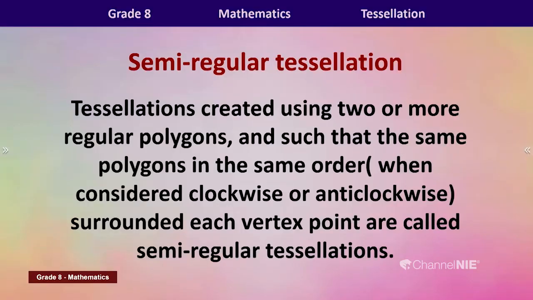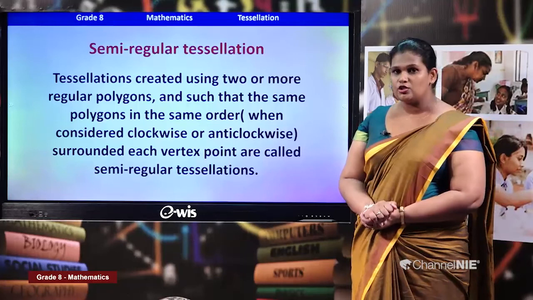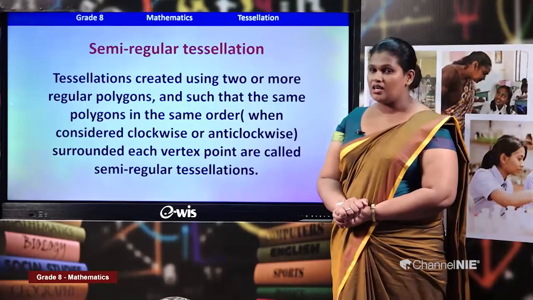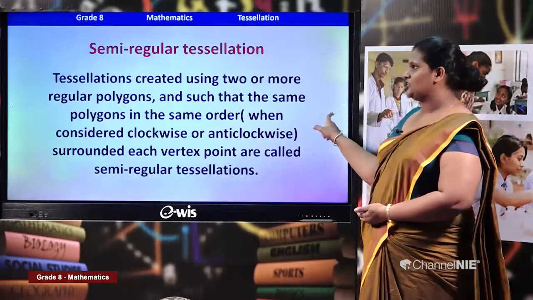So, a semi-regular tessellation is a tessellation created using 2 or more regular polygons such that the same polygons in the same order surround each vertex point. Once again, the order of polygons should be the same on every vertex point in semi-regular tessellations.